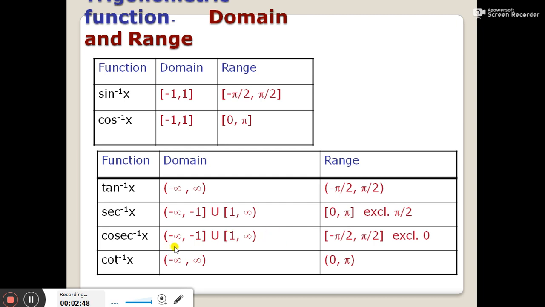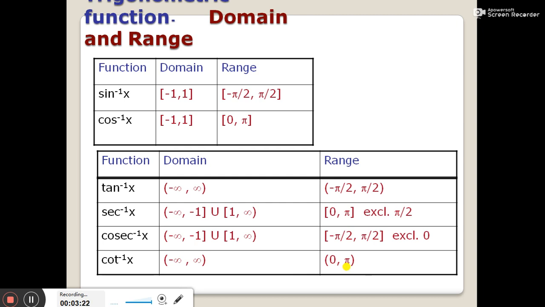And now cosecant inverse x: minus infinity to minus 1, union the closed interval 1 to infinity, that is semi-closed. And the range is the closed interval minus pi by 2 to pi by 2, excluding 0. That means 0 does not belong to cosecant inverse x. Cotangent inverse x: the open interval minus infinity to infinity, and the range is 0 to pi.